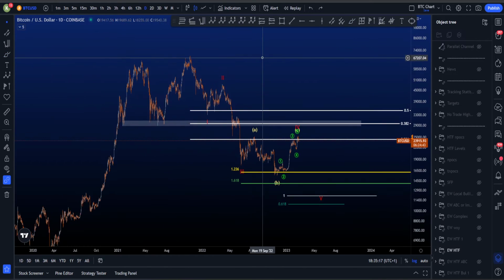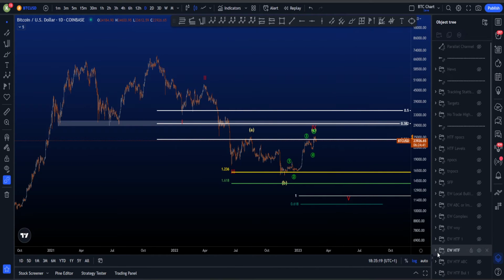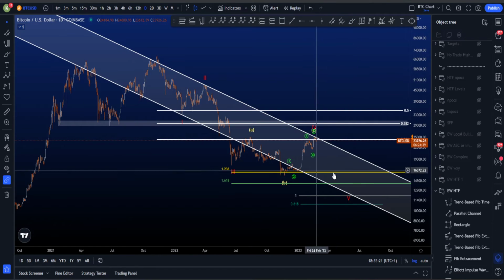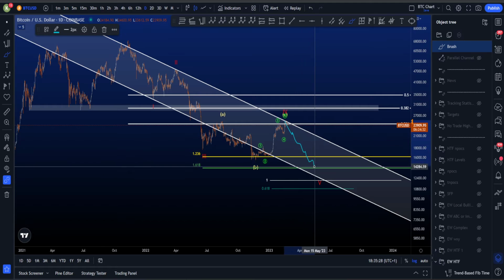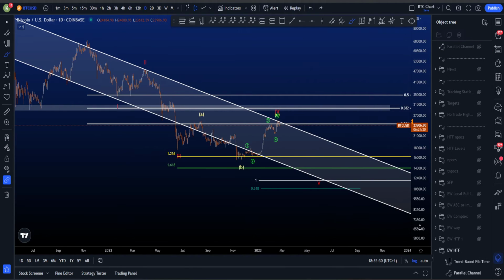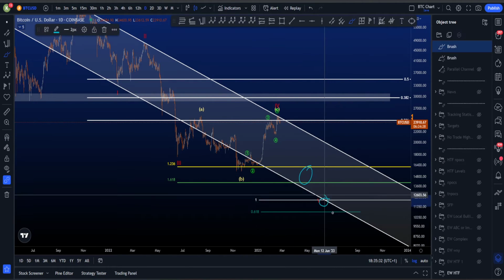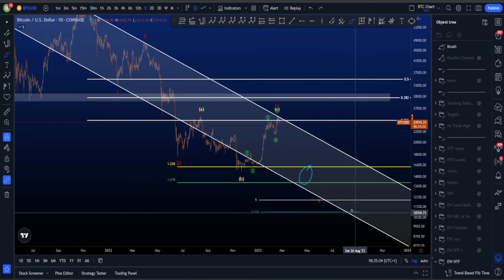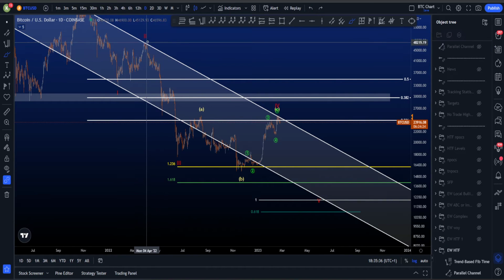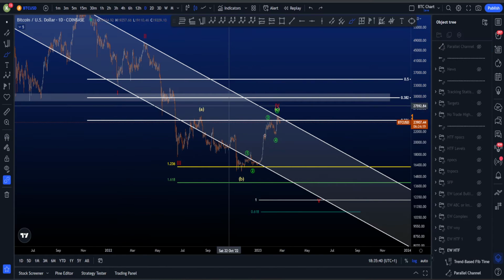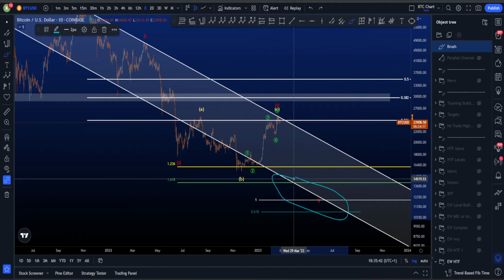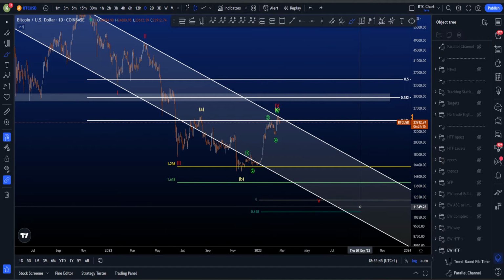That being said, this is another scenario. I will put on the channel that I just removed, because the channel can also give an indication in targets. And if from here we would move down, you can see the confluence of the different regions with the low of the channel, because the channel is pulled from 2 to 4 to the low of 1, and the low of the channel in this case can give valid targets for a wave 5.